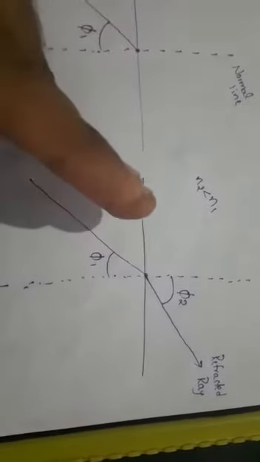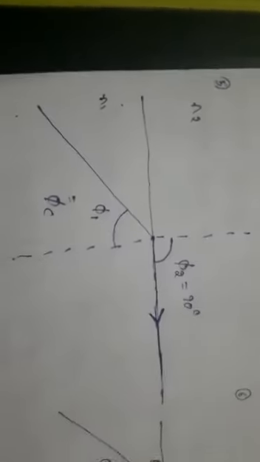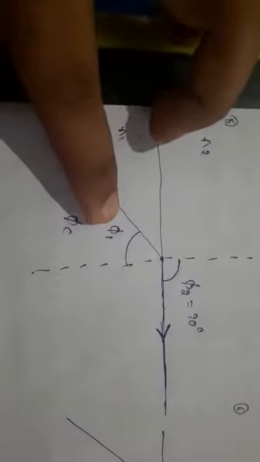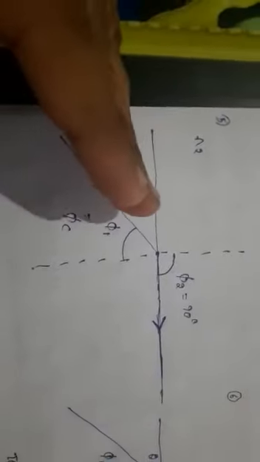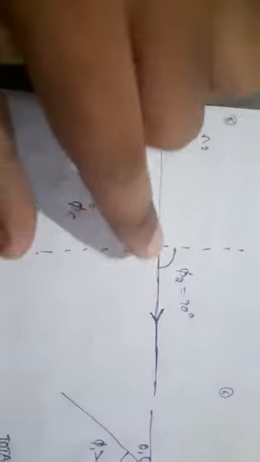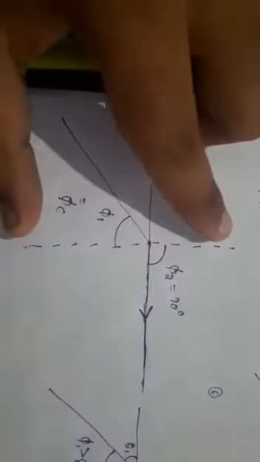So if I increase the angle phi 1, then this refracted ray becomes parallel to the boundary line. In fifth step, if I increase phi 1, it will become parallel to the boundary line, and the angle becomes 90 degrees, which means perpendicular to the normal line.